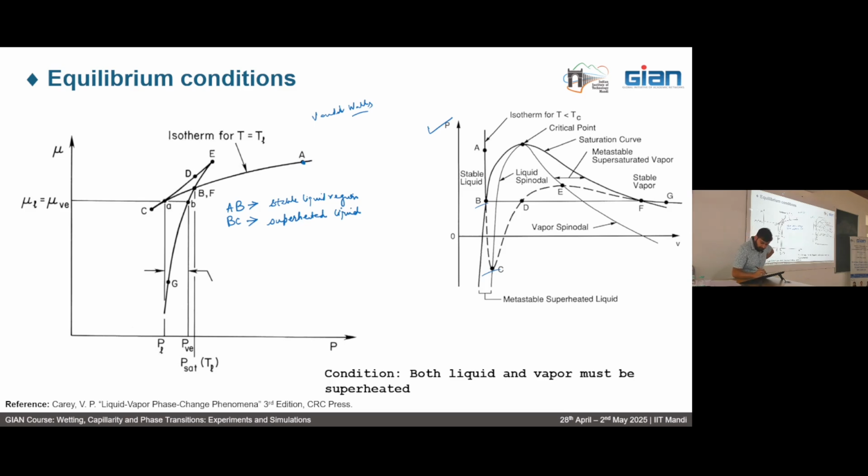Further, line FG is your stable or superheated vapor. Similarly, line EF is your supercooled or metastable vapor.